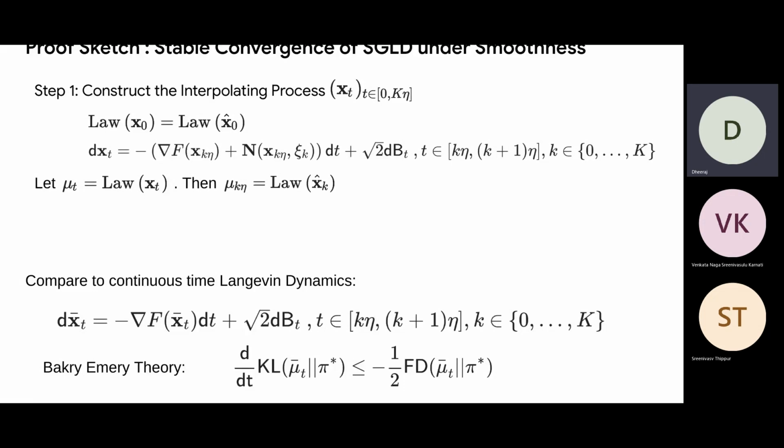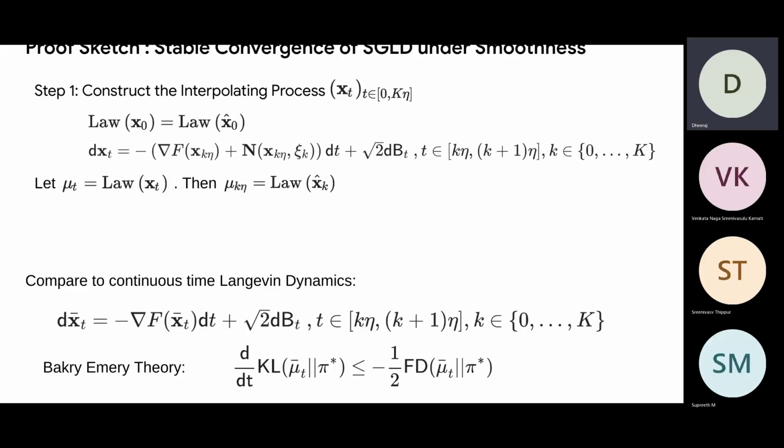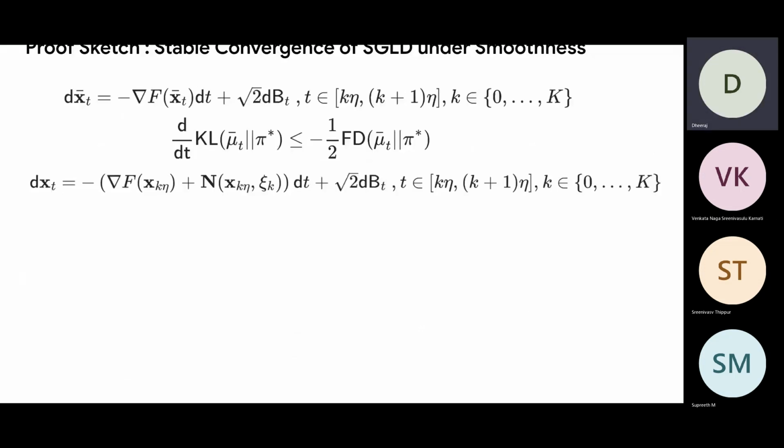Fisher divergence is another local divergence; I won't go too much into detail. It's almost surely positive; it's a functional over the space of measures. So we saw that if you had the exact stochastic differential equation, this is how the KL divergence between mu_t bar and pi star evolves. But we have an approximation of this.